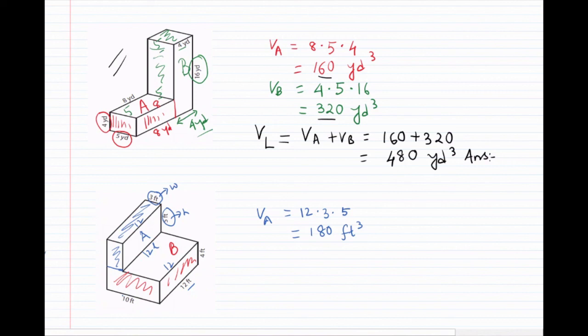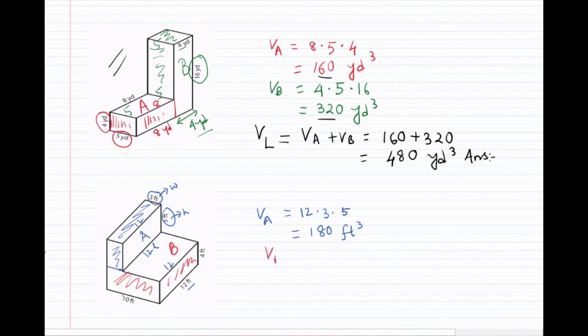For prism B, this is the length of the prism, this is the width of the prism, and this is the height of the prism.